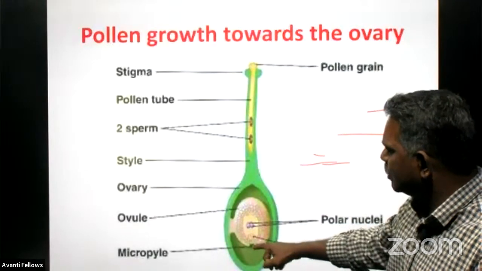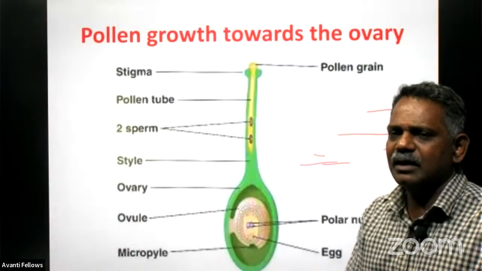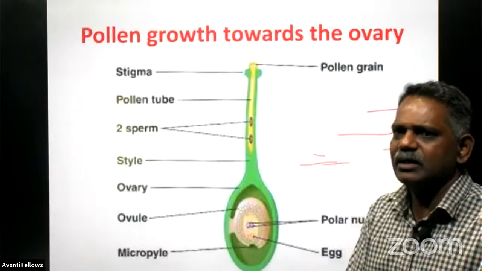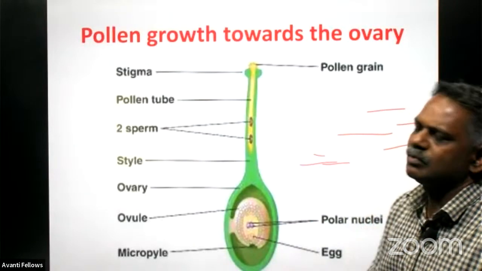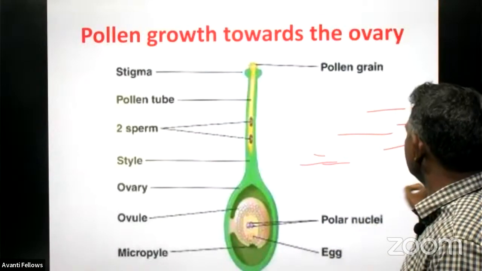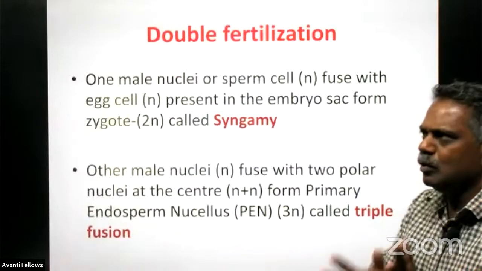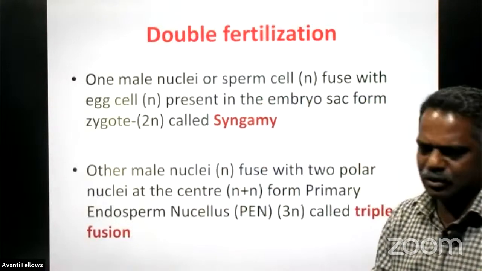Whenever it comes near the micropyle end, the vegetative cell degenerates and disappears, and only the generative cell goes for mitotic division and produces two male nuclei. These get the opportunity to enter the embryo sac for double fertilization.